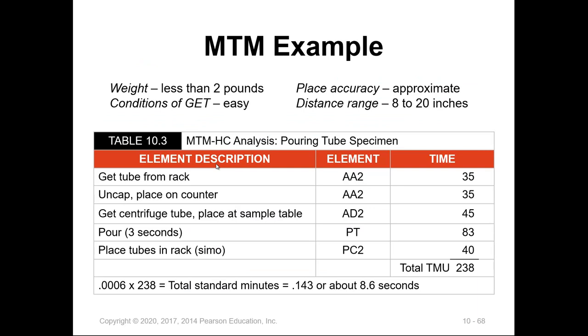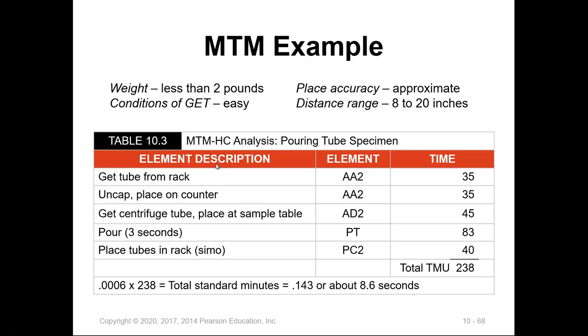The example in this slide will be using a predetermined time measurement to determine the standard time in a general hospital. The data in the table can be used to develop standard times. The task will be pouring a tube specimen. There are 5 elements involved in this task.